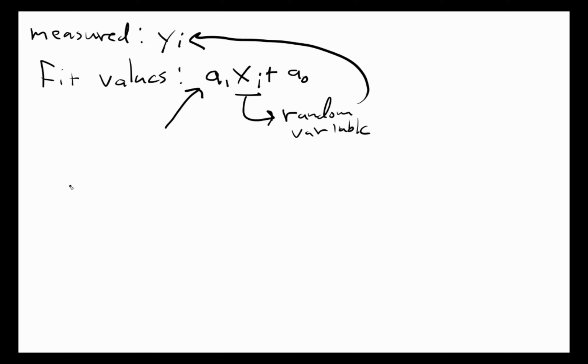That error is referred to as a residual. So at each fit value, we have the residual e sub i, which is equal to the actual measured variable value minus the fit value, which is what we get by fitting our x data to the equation of our line. All right?